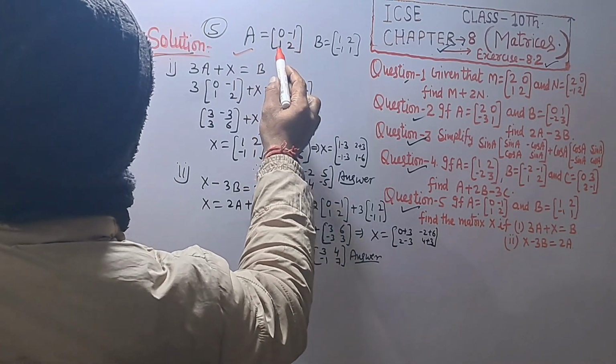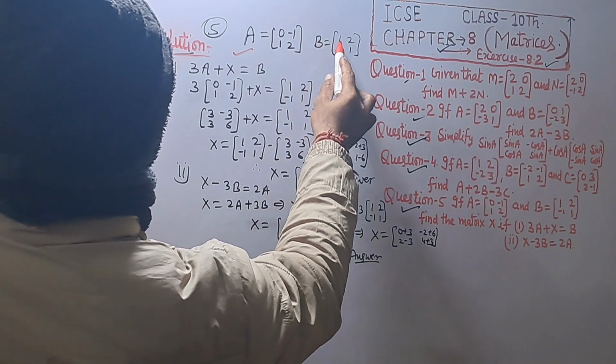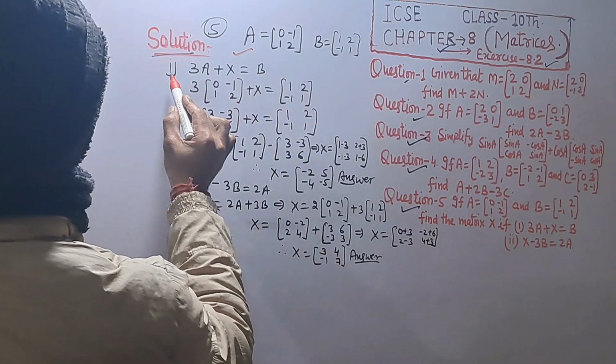Given A is [0, -1; 1, 2] and B is [1, 2; -1, 1].